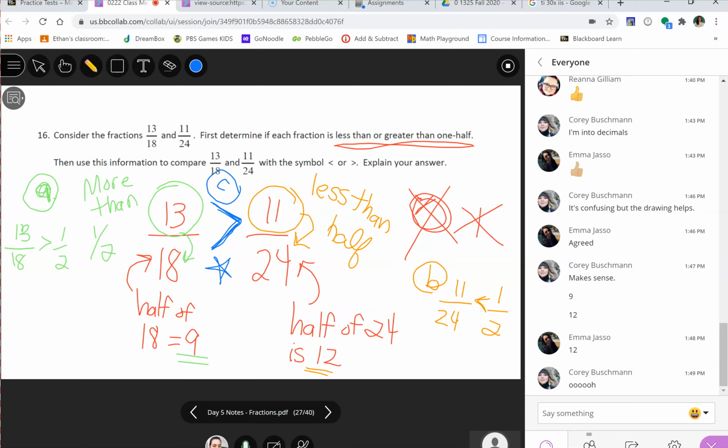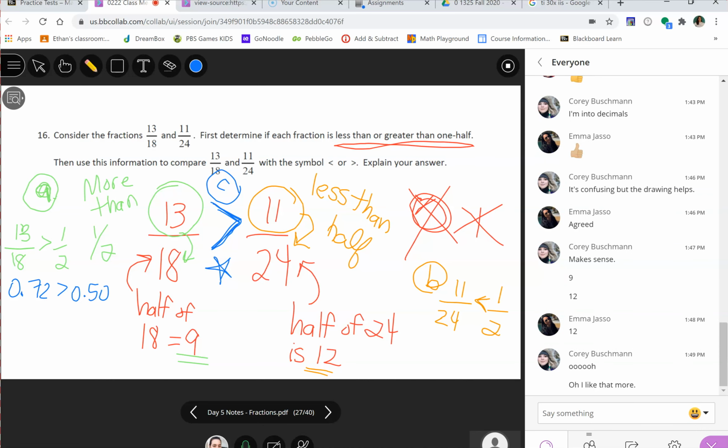Well, I guess you could, well, you know what? You could do decimals for these other ones, right? You could do decimals for part A. What am I thinking? 13 divided by 18 is 0.72. And of course, that's greater than 1/2. Oh yeah, we can use our knowledge of decimals to help us on the other parts also.